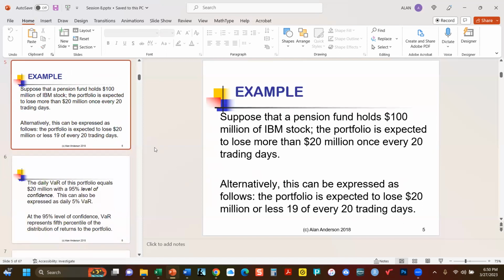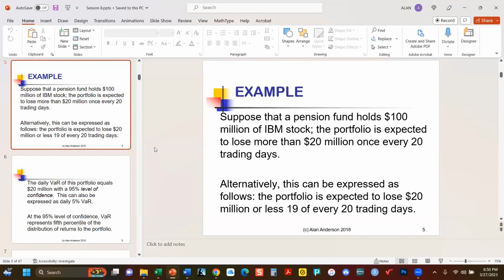So this is an incredibly simple example of this. Imagine you own $100 million worth of IBM stock, and that's it. And we discovered from historical experience that once every 20 trading days, or 5% of the time, the potential exists for the losses in the portfolio to go beyond $20 million. Or in other words, the value of the portfolio could potentially dip below $80 million 5% of the time.